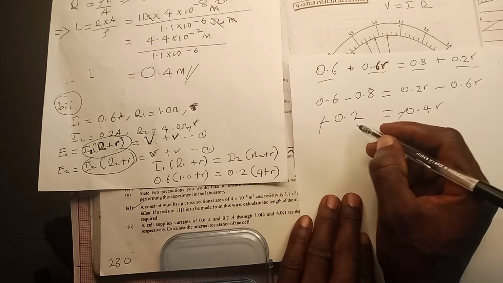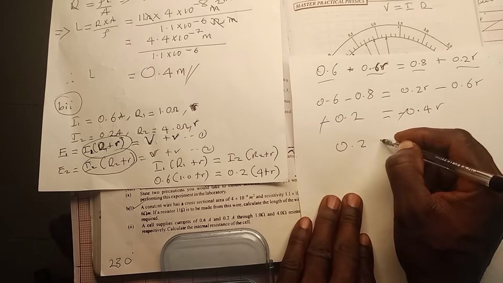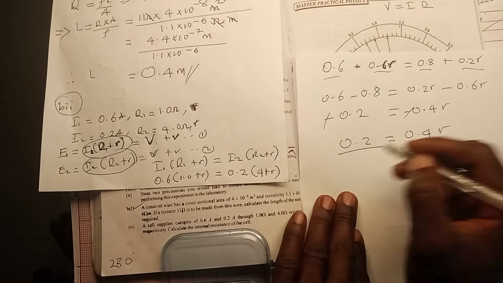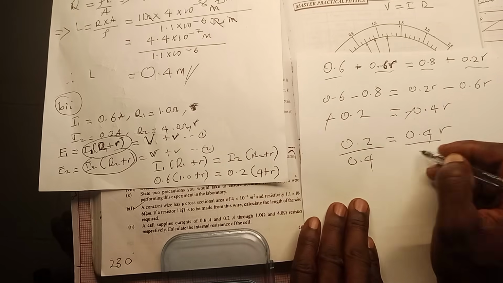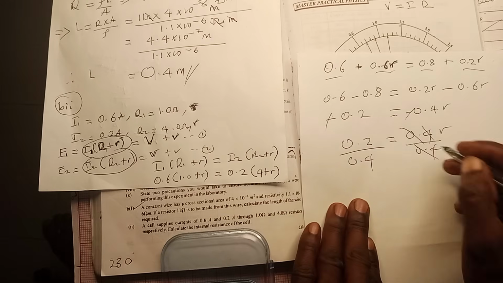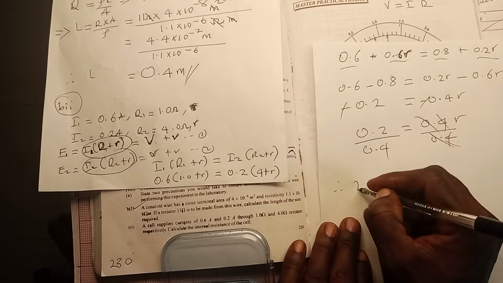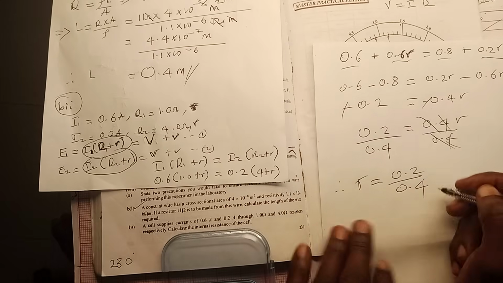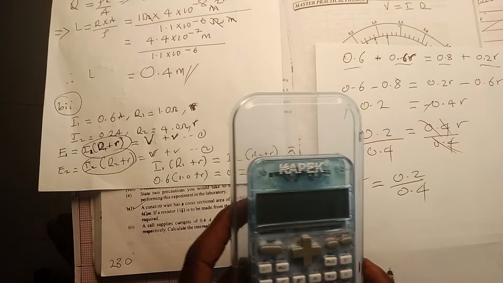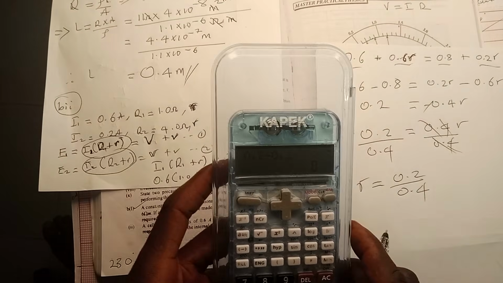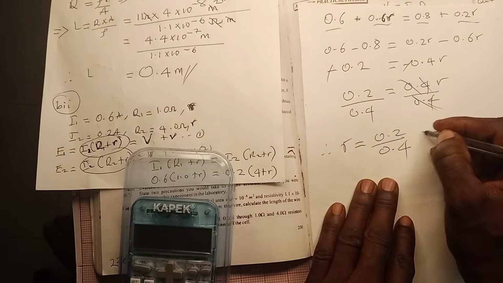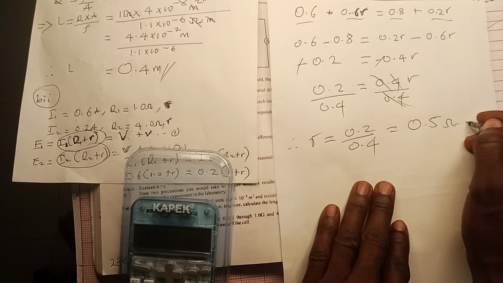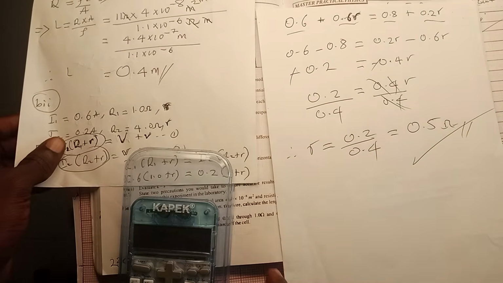Then we have 0.2 is equal to 0.4 R. Divide both sides by 0.4. So therefore your R, internal resistance, is 0.2 divided by 0.4. We have 0.5 ohm, and that is the final answer.